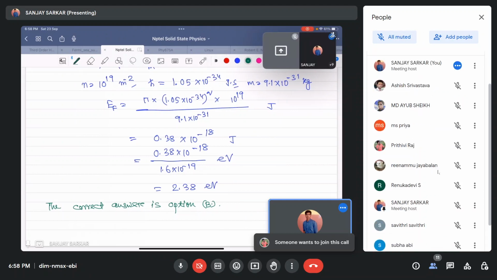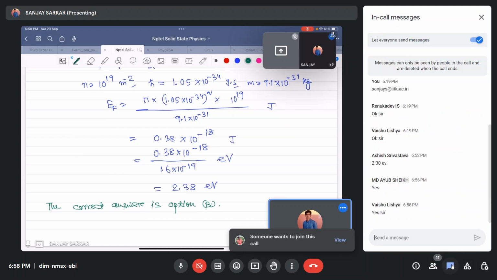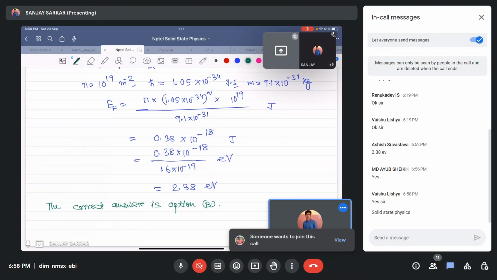No one. Yeah, Vaishu, what are they teaching? Are they solving problems or teaching theories? Yes, solid state physics definitely, but is it more of solving problems, or theory plus problems, or just theory?